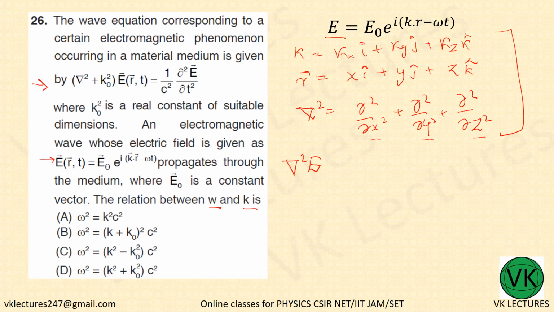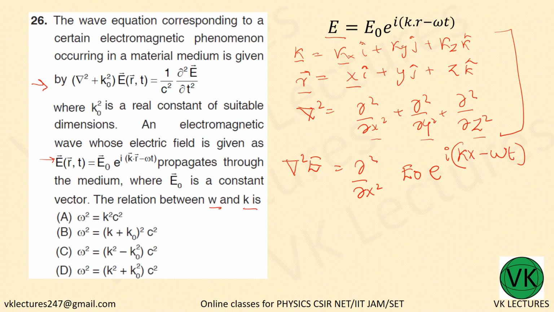So what we can do is consider k as k itself and r as x. So just rewriting our E in terms of k and x: dou square by dou x square of E naught e to the power i kx minus omega t. We have just assumed the wave vector is in the x direction.